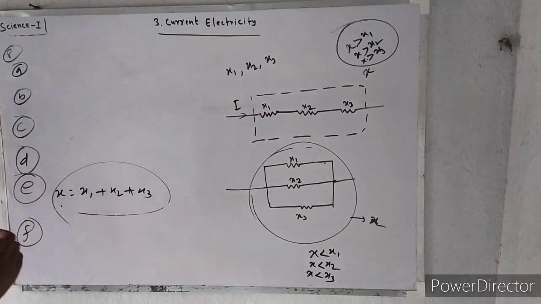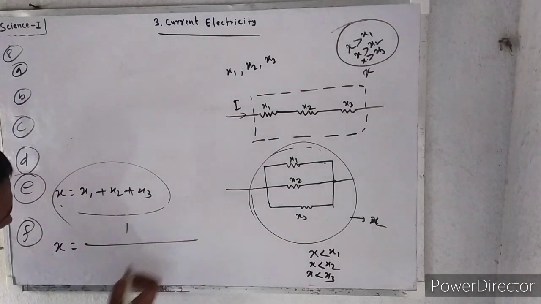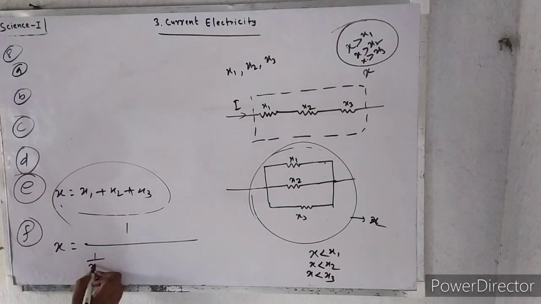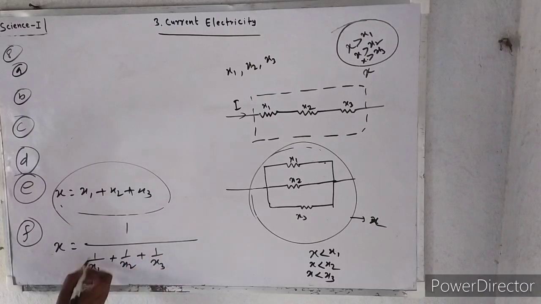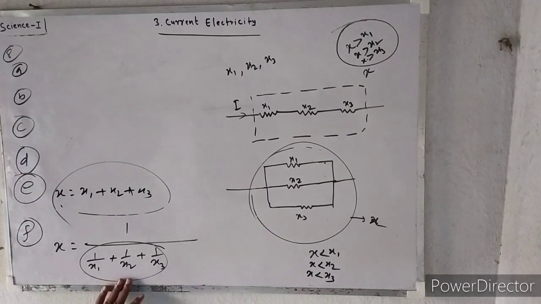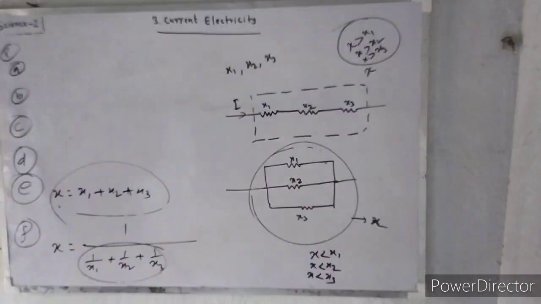And F, 1 upon X is equal to 1 upon X1 plus 1 upon X2 plus 1 upon X3. See, 1 upon X1, 1 upon X2 is related to X1, X2 and X3 being connected in parallel. That's all.